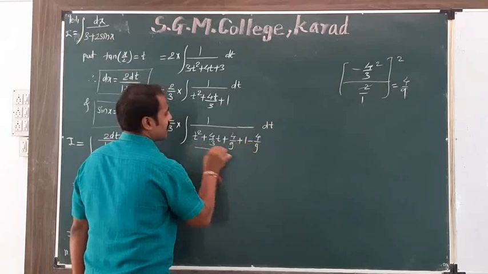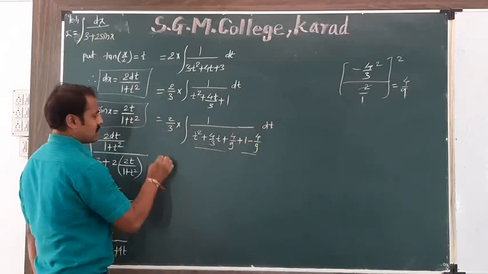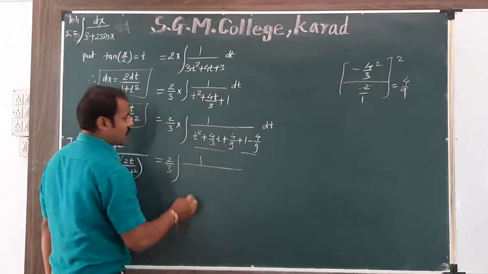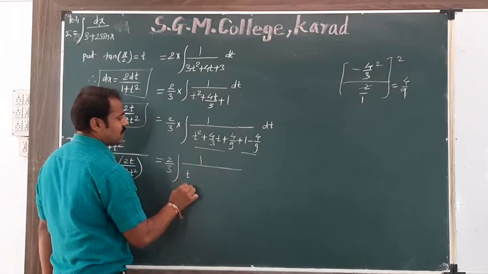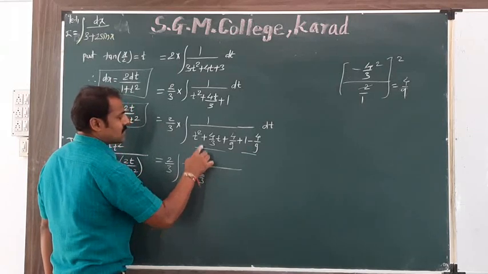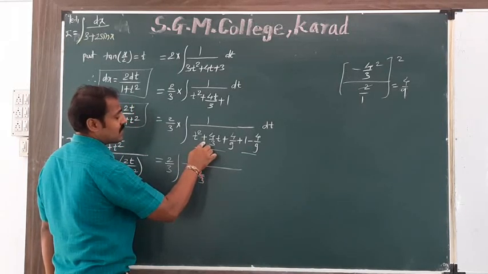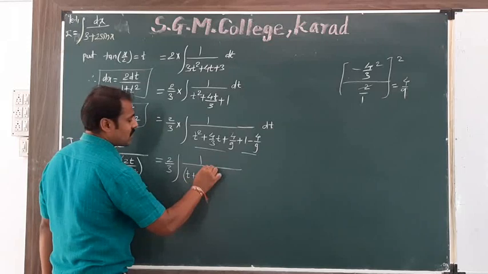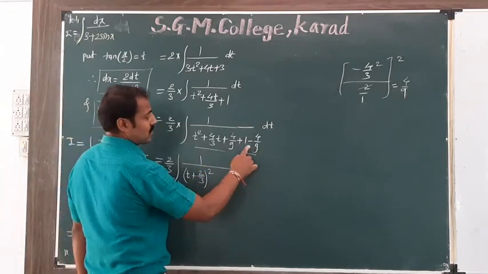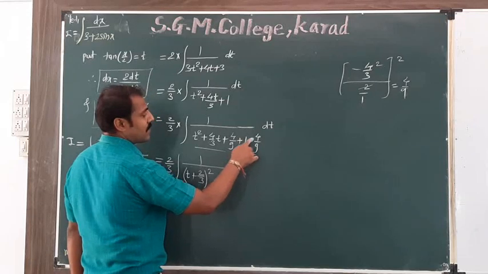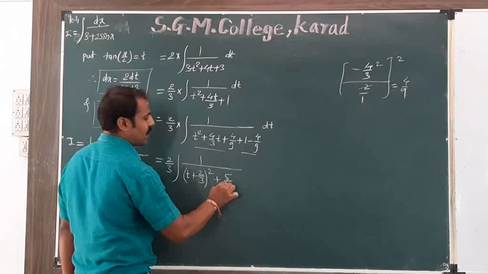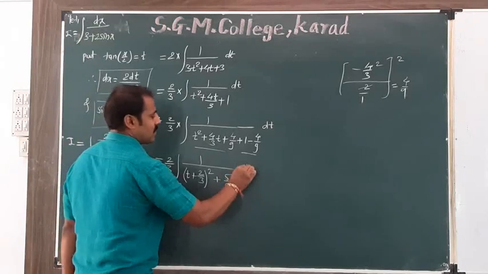Okay, grouping the first three and last two terms, which is equal to the integration of 1 upon, first term is the square of t, third term is the square of 2 upon 3, and the sign of the middle term is plus, so it is a perfect square, t plus 2 by 3, bracket square. After simplification of the last two terms, 9 minus 4, it's 5, plus 5 divided by 9, dt.